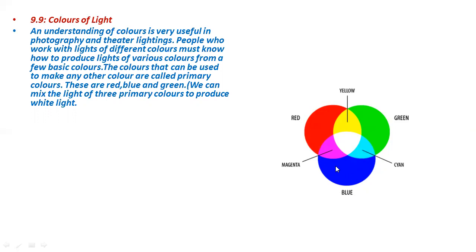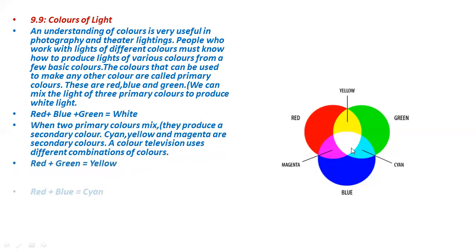Mixing all three colors gives us white color. So by mixing primary colors we can get the secondary colors: magenta, yellow, cyan, white.